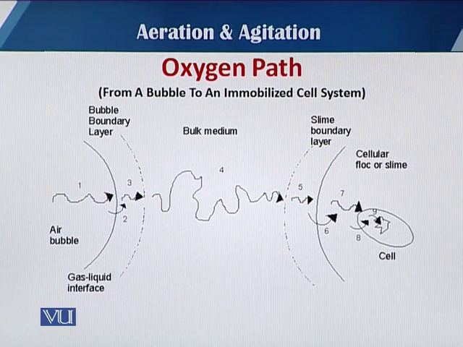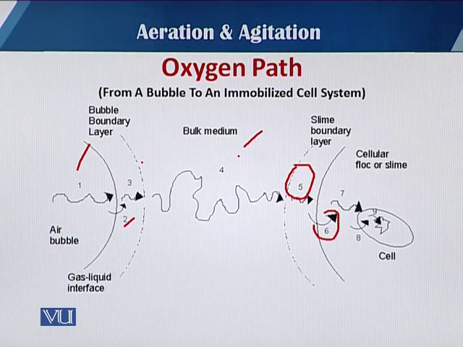If the cell is eukaryotic, oxygen is needed in the mitochondria. You can see in this slide that oxygen has to pass 9 different phases: 1, 2, 3, 4, 5, 6, 7, 8 and 9.